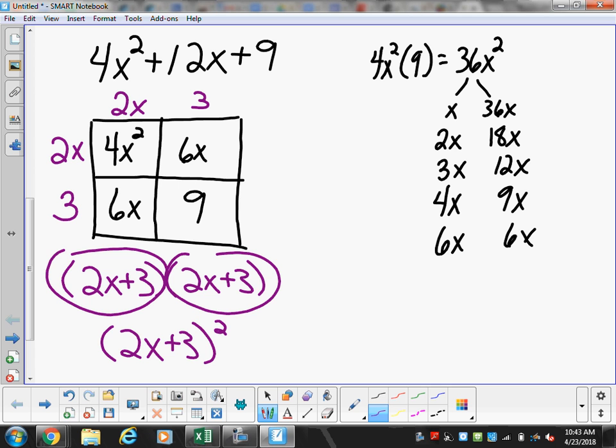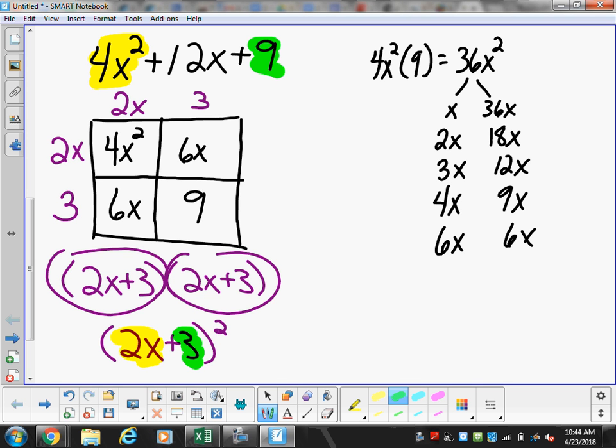Now I want you to see something here real quick. So the different things that I highlighted there, what can you tell me about those? They all have something in common.